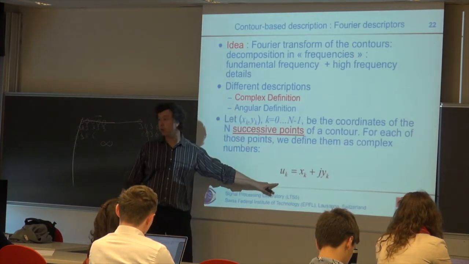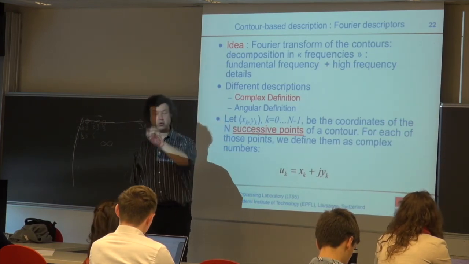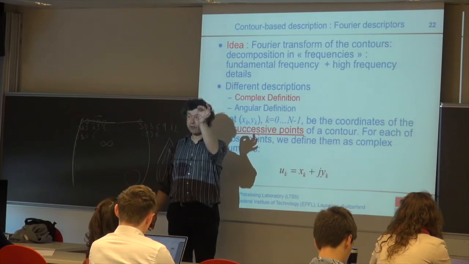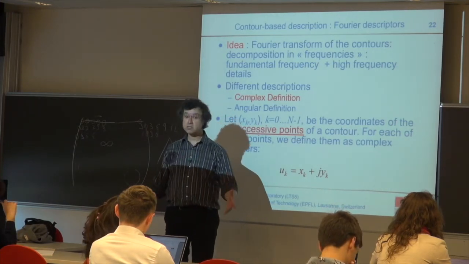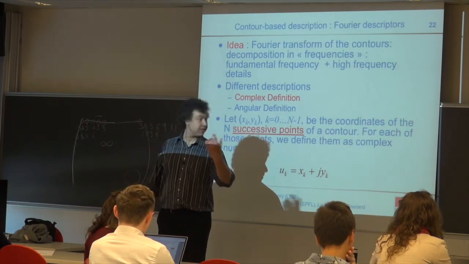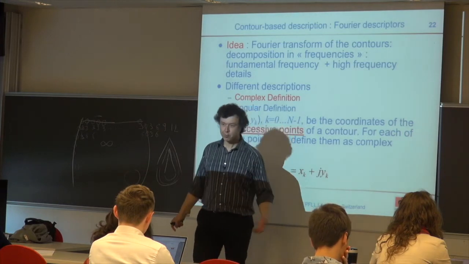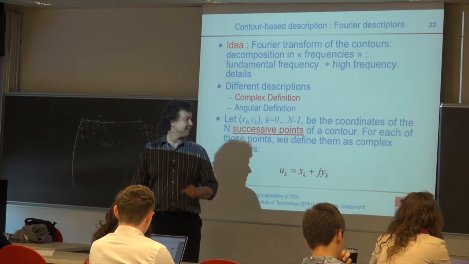And I do that for each point of the contour, building a series of complex numbers. A series of complex numbers is a series of numbers. It's a signal. Complex, whatever. Fourier is complex also.